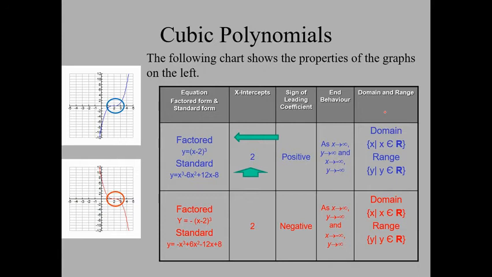Again, the domain and range is all real numbers. On the red graph, please notice that again, you have a flattening there. The factored form is a negative x minus 2 cubed, so the multiplicity is 3 again, and you have a negative leading coefficient, and your domain and range is all real numbers.